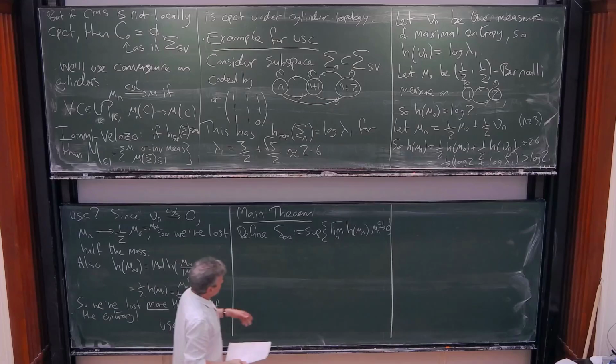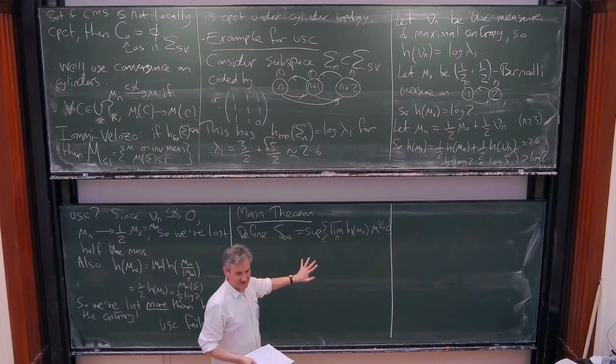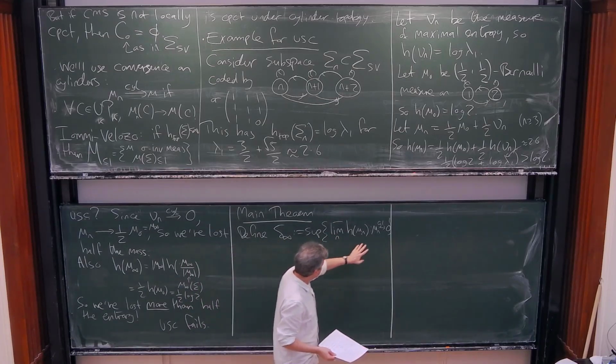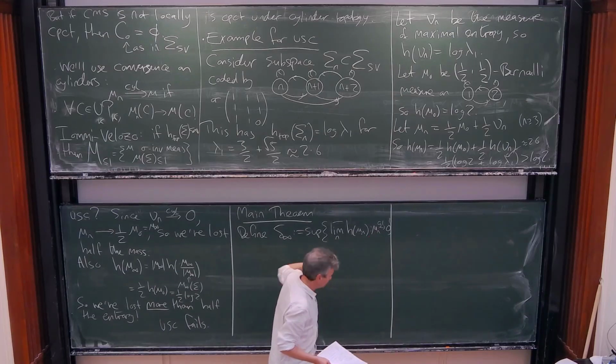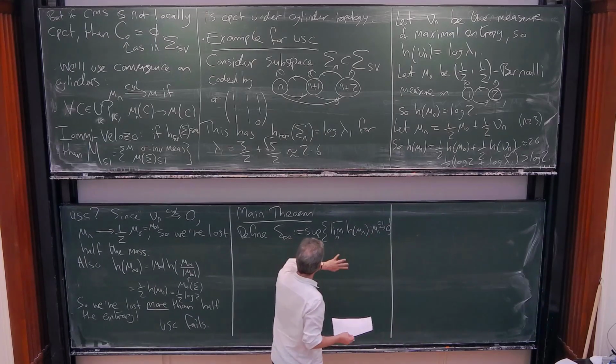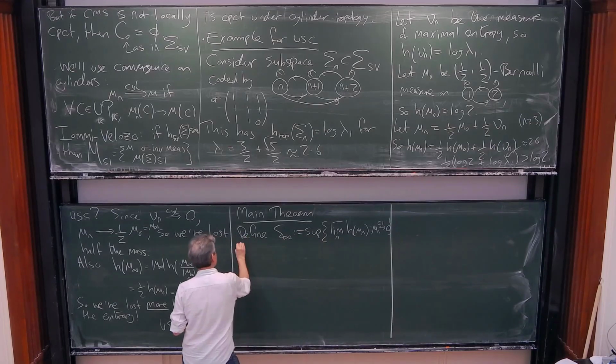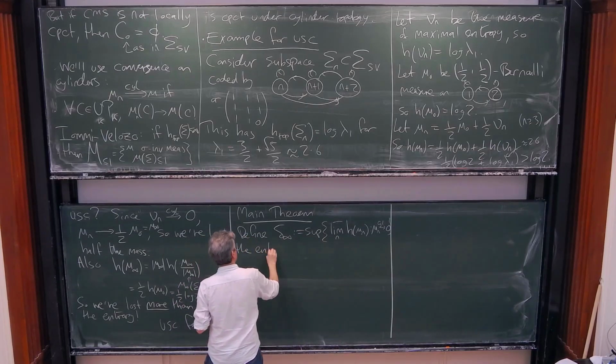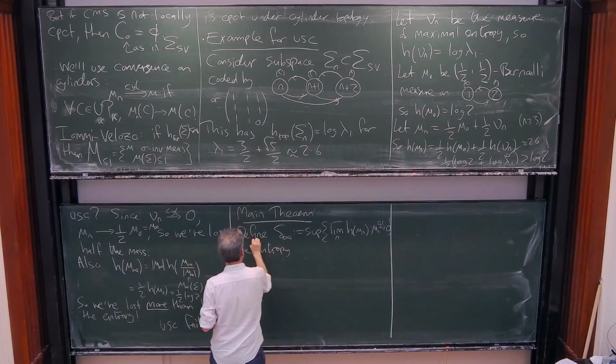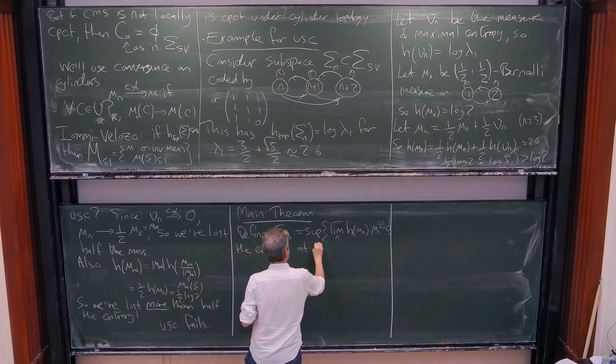So I think about this as being the entropy of infinity, right? I look at all sequences of measures which give more and more of their mass to infinity, and I look at the maximum possible entropy I can get there. Okay, so this is called the entropy at infinity.